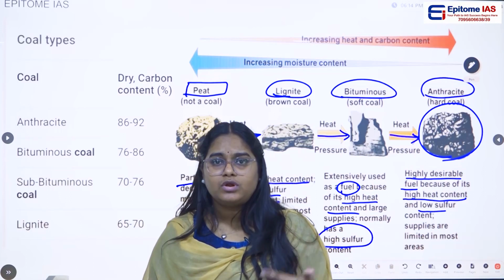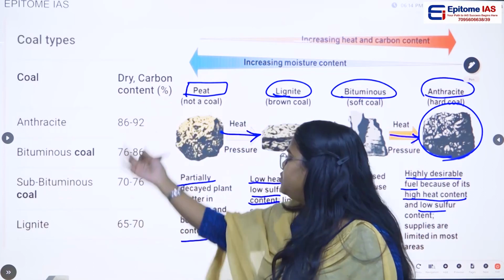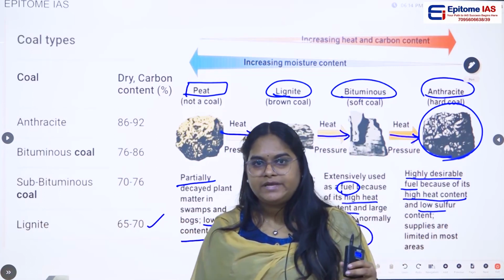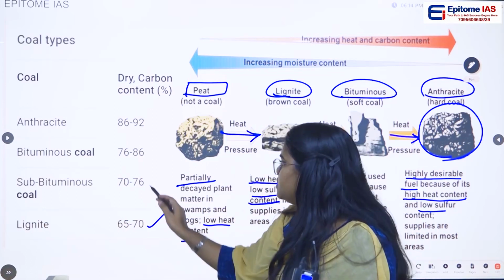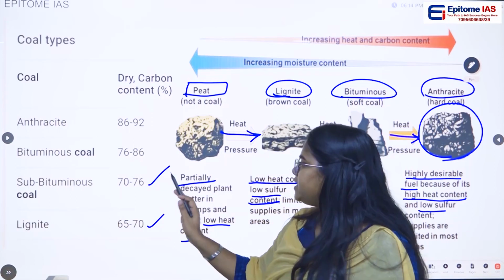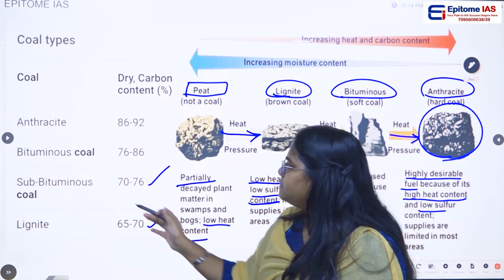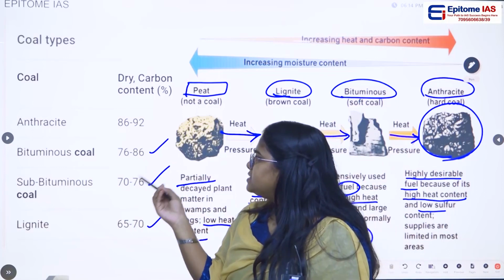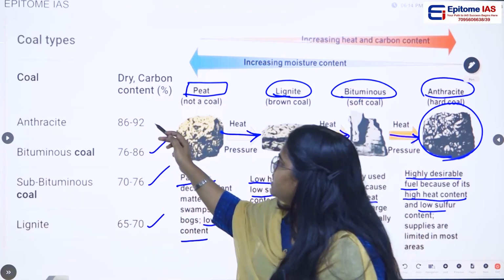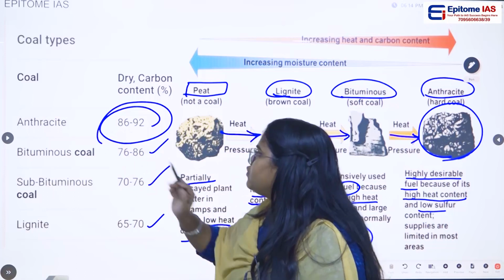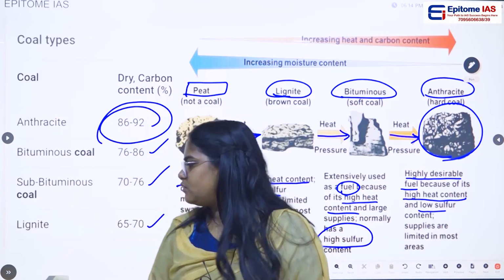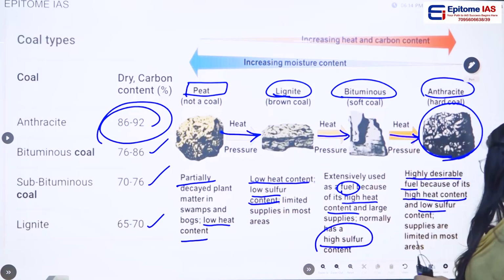Why? Because it has more carbon content. If you see here, you can understand lignite has 65 to 70% carbon. Sub-bituminous coal has 70 to 76% carbon. Bituminous coal has 76 to 86% carbon, and anthracite has the highest carbon percentage, that is 86 to 92%.